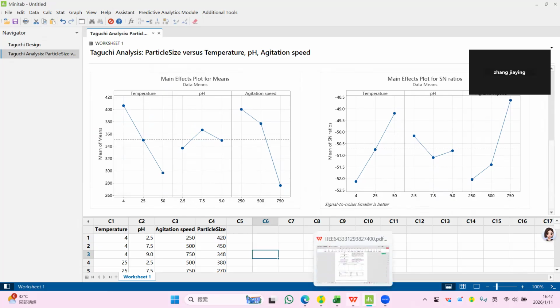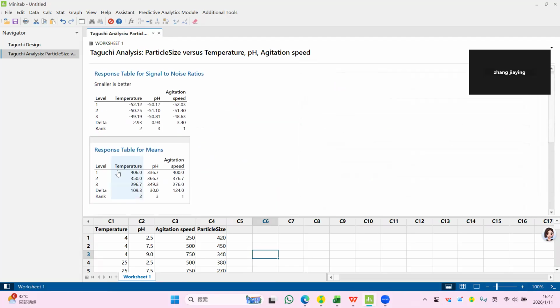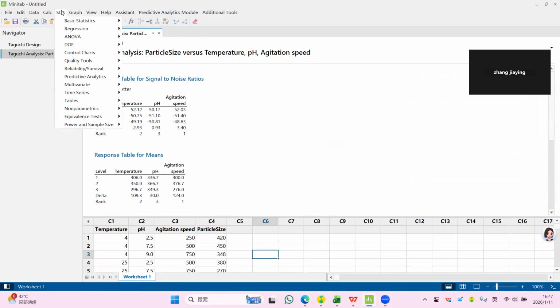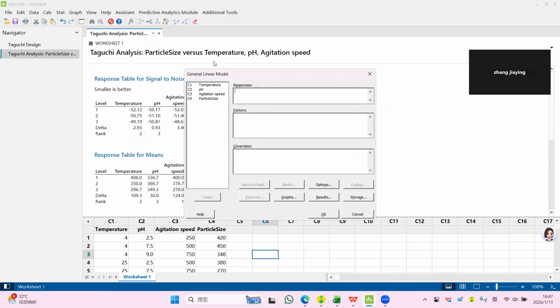And now I'm doing the ANOVA to evaluate factor significance. I use a general linear model.